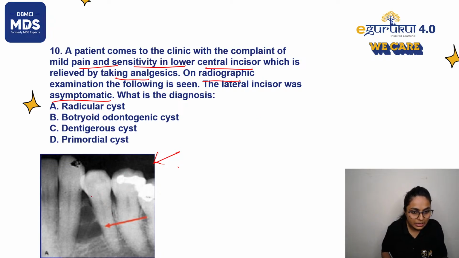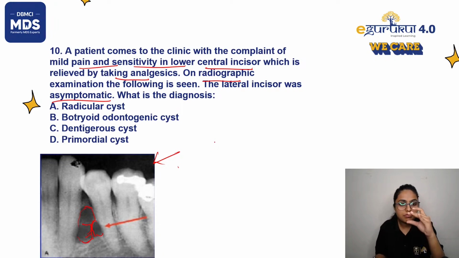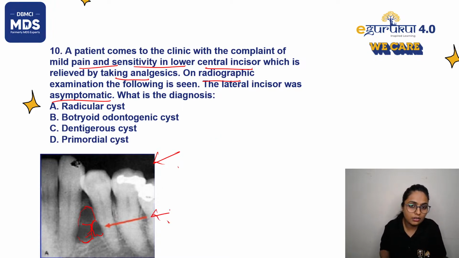Here you see there is a radiolucency on the lateral surface of the lateral incisor, and there are grape-like structures. Among the given options, which option suits best to the radiograph?